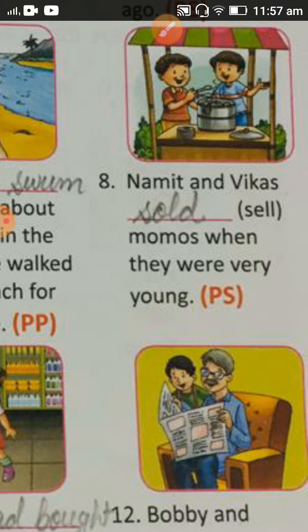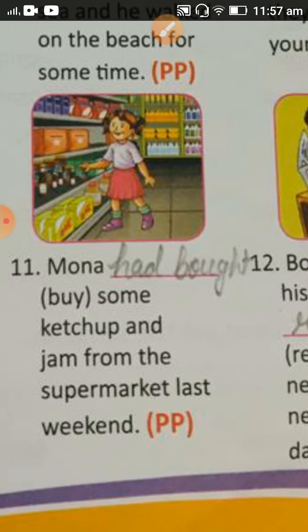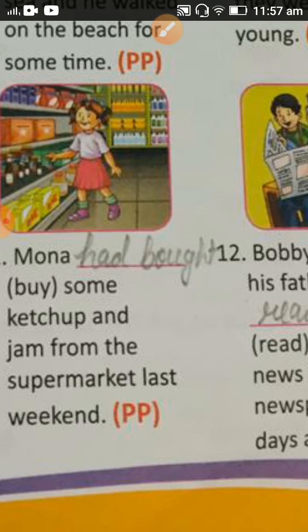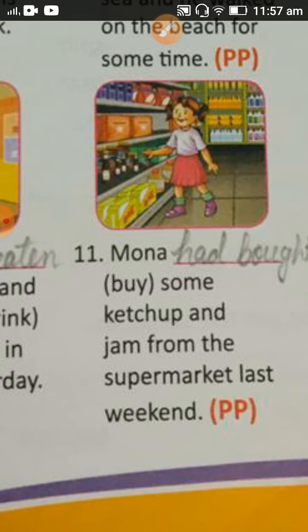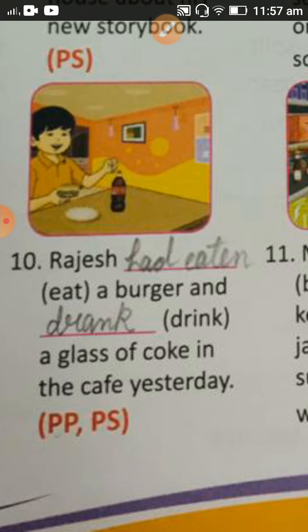Sell and past simple. So it will be sold. Okay. Next one, Mona dash some ketchup and jam for the supermarket last weekend. Past perfect, had bought.